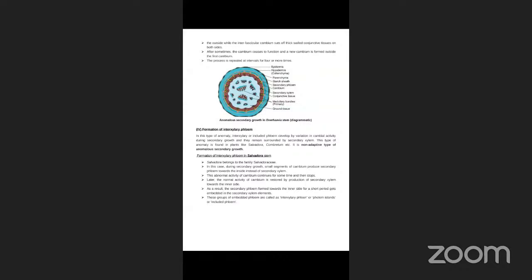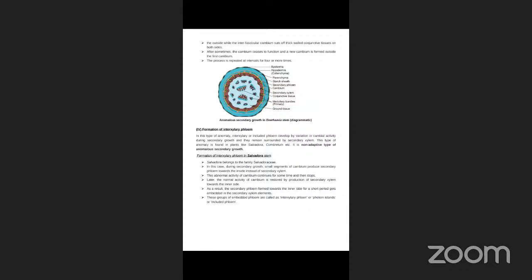Again, there are different types of plants, that is, anomalous secondary growth in Achyranthes and different types of Bignonia stem.